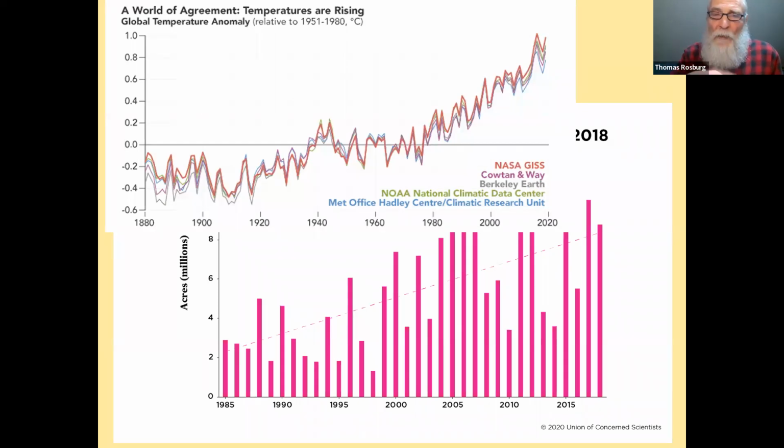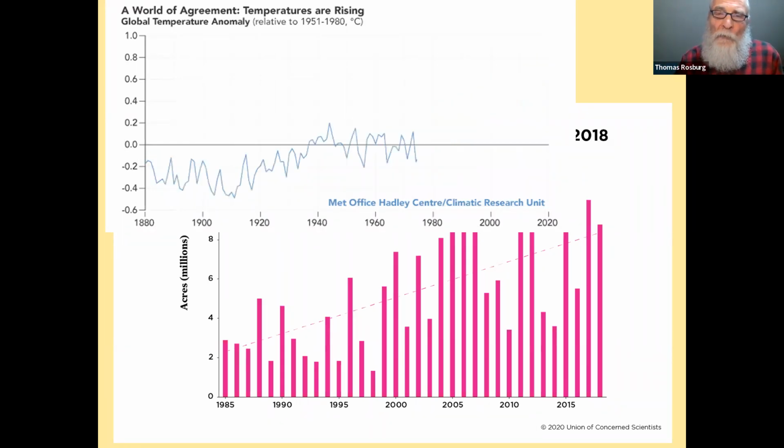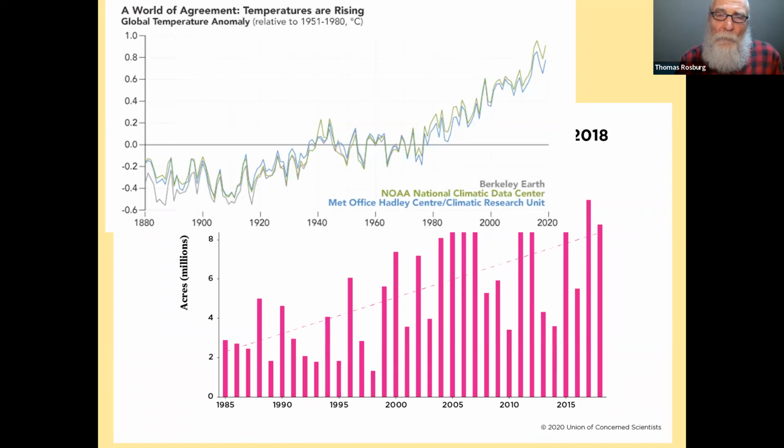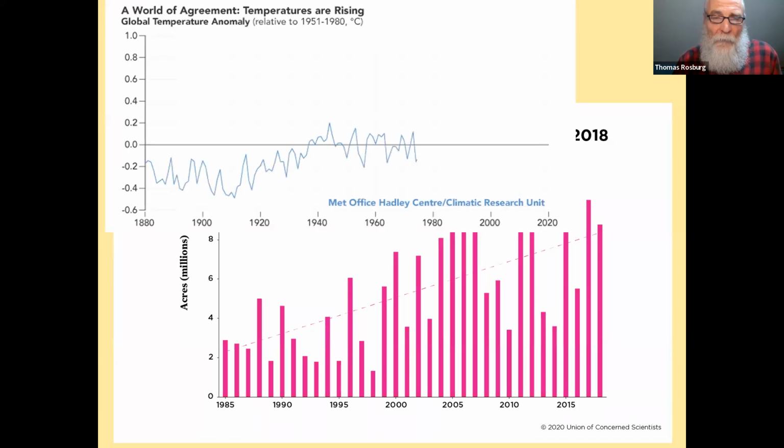You can see all 5 of those lines have a little bit of variation, of course, because they're using slightly different data, but they all pretty much mirror each other in terms of what's going on with global temperatures. And of course, this is observation, so you cannot make any kind of claims of cause and effect, but there's a very, very strong correlation between increasing global temperatures and increasing numbers of fires and the size of fires.